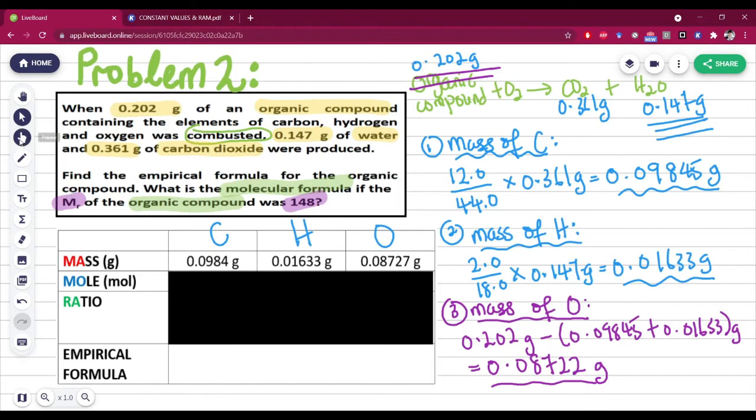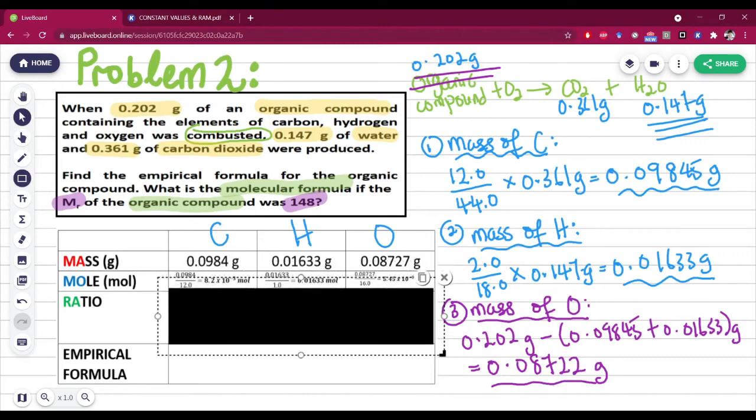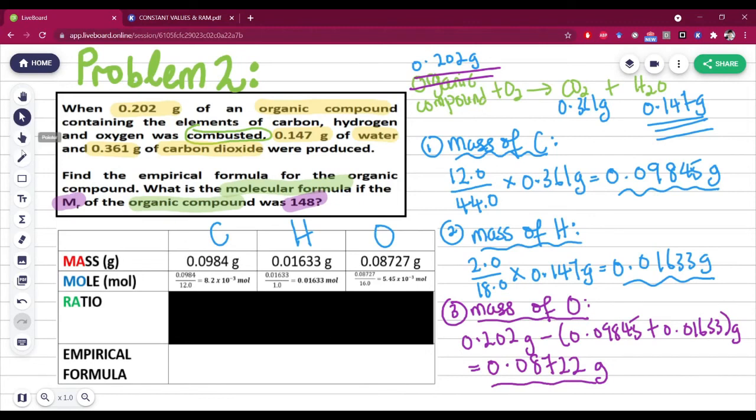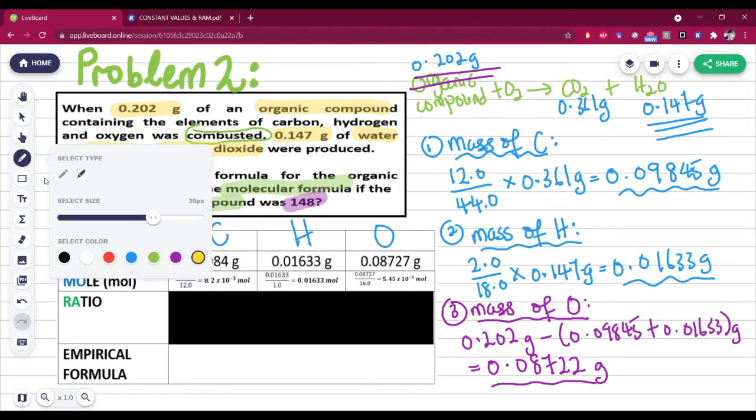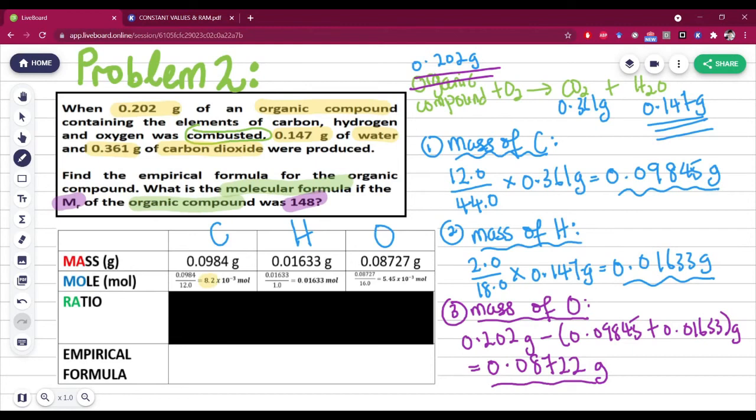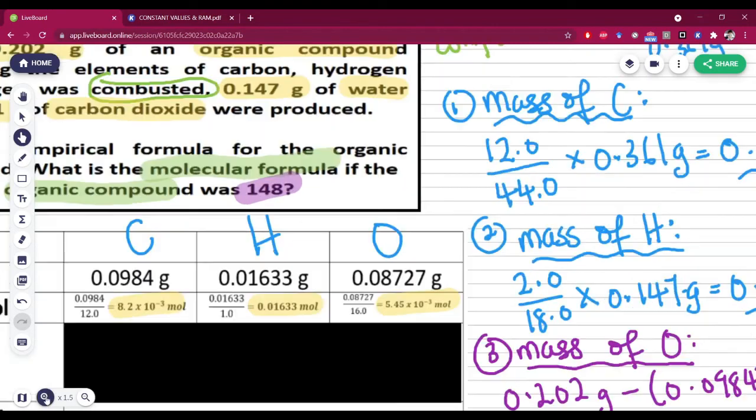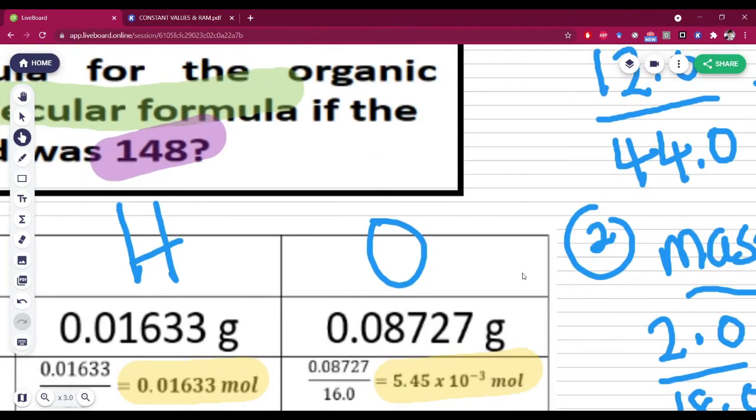And then from the mass that you have got, you are going to be converting that into mole, like what I have done over here. Okay, you convert that into mole, convert that into mole, convert that into mole. So if you look carefully, I'm going to make that bigger.